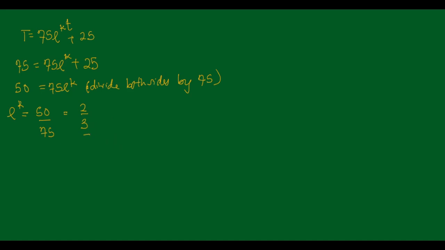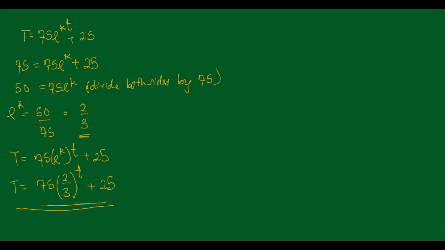So if e raised to the power k is equal to 2 over 3, and we have that T is equal to 75 (e raised to the power k) raised to the power t from our laws of indices plus 25, we have that T now becomes 75 multiplied by (2 over 3) raised to the power of t plus 25, which now becomes the general form, or the particular form in this case. Now we have the values of A and k, and we can easily solve for any other question.